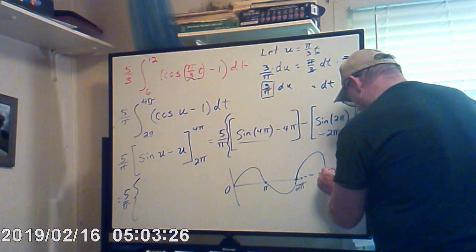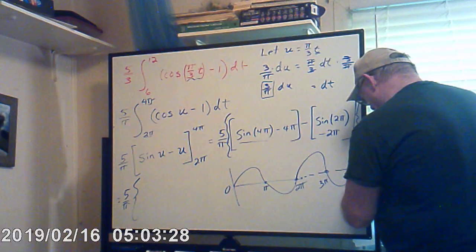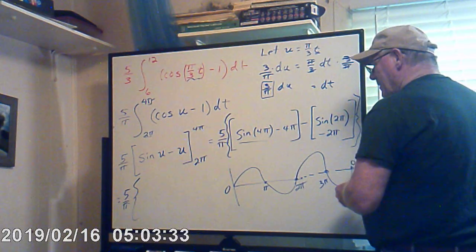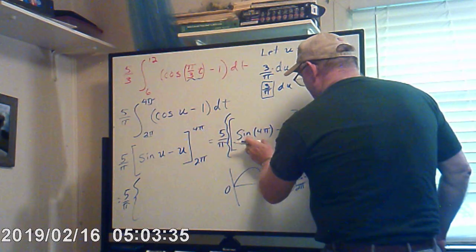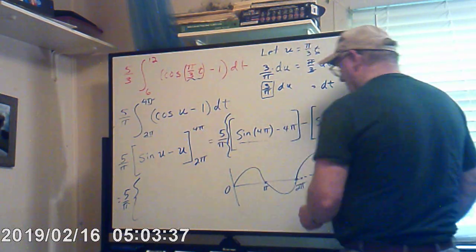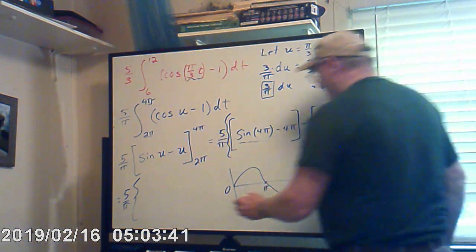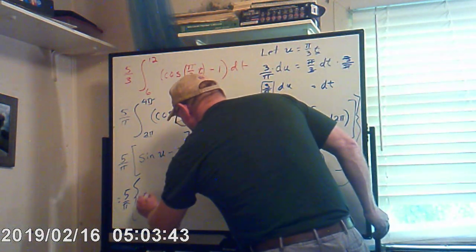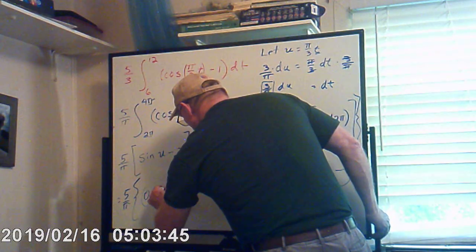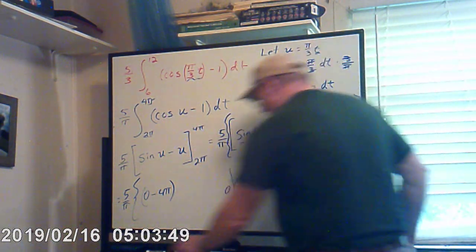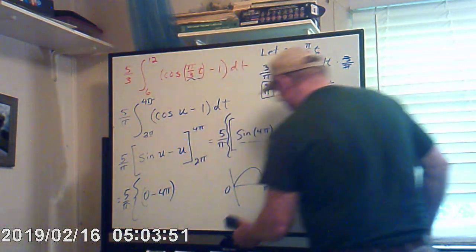And that's 0. And this is 4 pi. And that's 0. So just extend it on out. So sine of 4 pi is 0. Get that. 0 minus 4 pi. Got that. Now it's starting to look a little simpler.